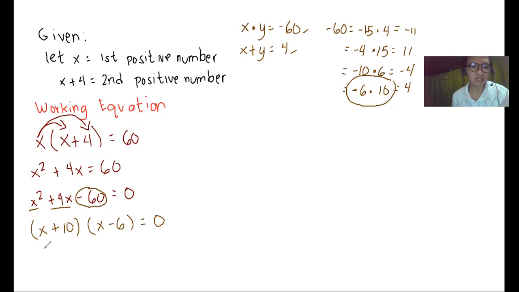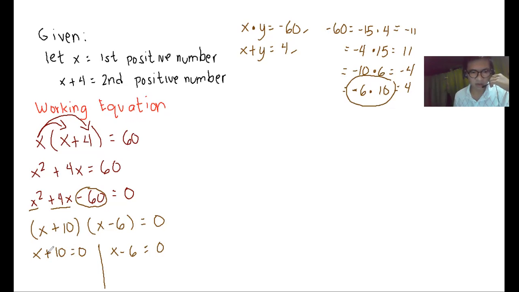So the next step, we will equate both binomials to 0. We have x plus 10 equals 0, and on the other side, x minus 6 equals 0. Our goal in this problem is to find the value of x.